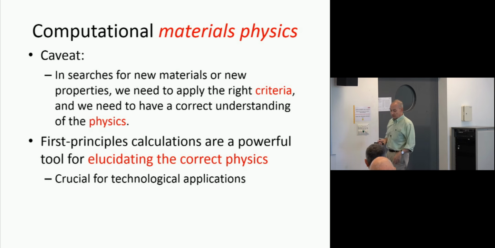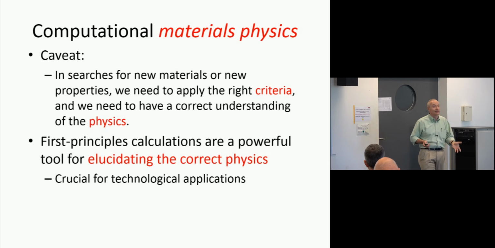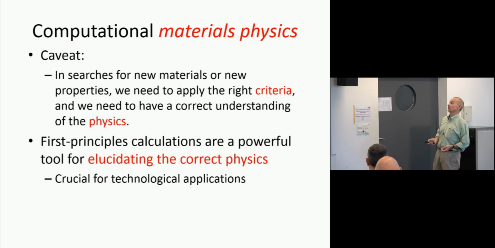Only when we have that understanding will our first principles calculations actually be useful in giving us the answers that we're looking for. At the same time, I'd like to show that by doing first principles calculations, we can actually help in generating that understanding and in elucidating the correct physics.